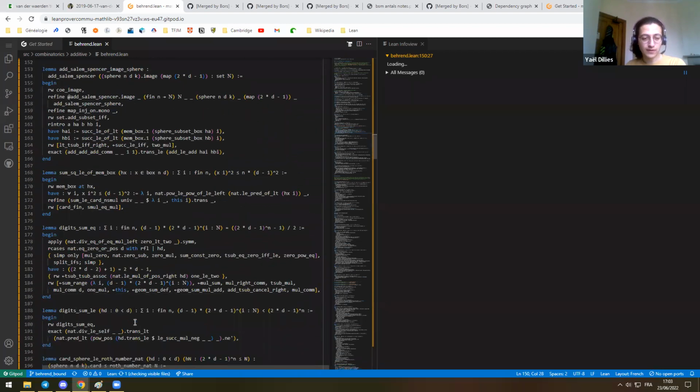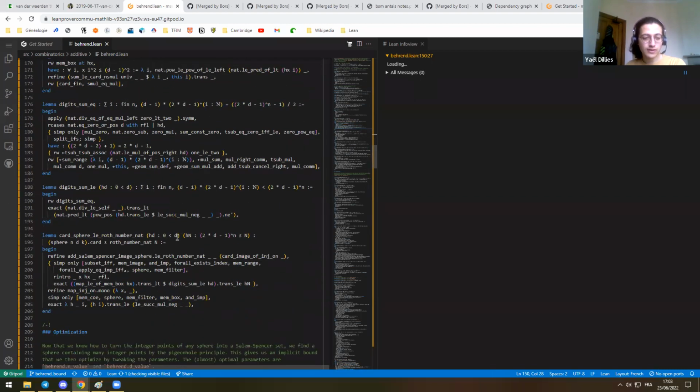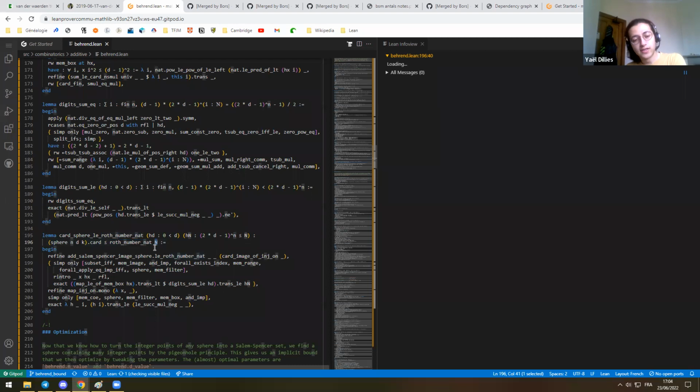And so once we have this, it's really just a matter of putting the things together to get this result, which tells us that the maximum number of elements less than this big N, such that there are no arithmetic progressions of length 3, is at least the cardinality of a sphere of a somehow related size.